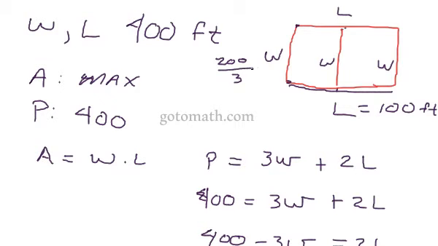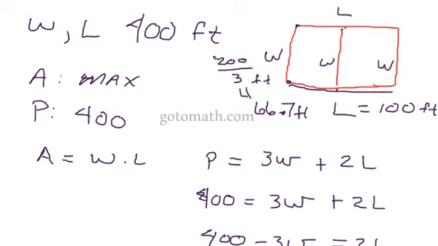Of course, let's not leave off our units here, right? And anyway, this is equal to, I think I rounded it there, 66.7 feet. So at least that gives us an idea of what our W is.